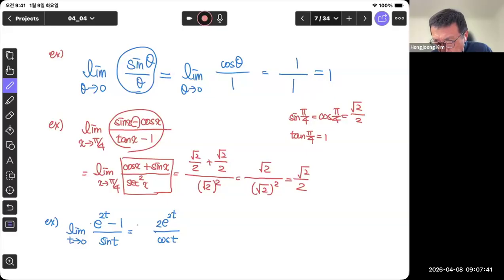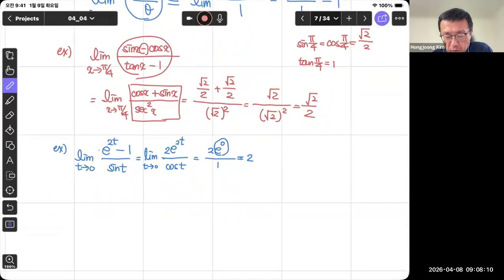Then if you let t go to 0, the numerator approaches 2 times e to the 0, and cosine t approaches the value 1. Since e to the 0 is 1, the limit value will be 2. Just one note.